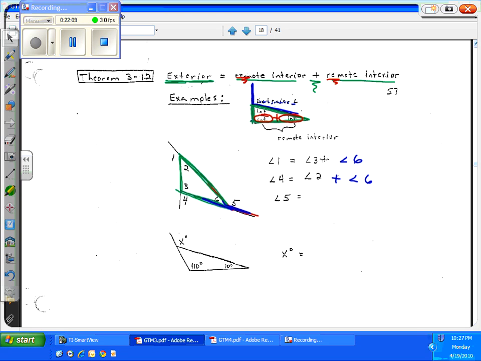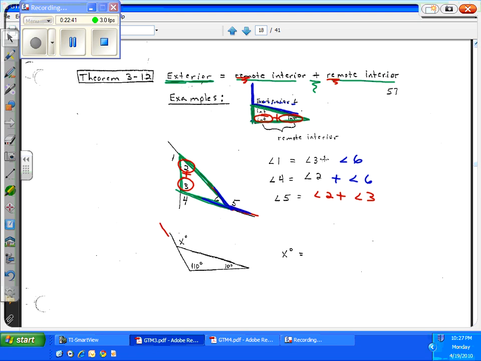Adjacent to angle 5 is angle 6 because they have a common vertex, common side, they're coplanar, and they have no common interior points. The ones not adjacent to 5 that are interior are 2 and 3, so those must be the ones remote from angle 5. So angle 5 is equal to angle 2 plus angle 3. An exterior angle is equal to the sum of its two remote interior angles.